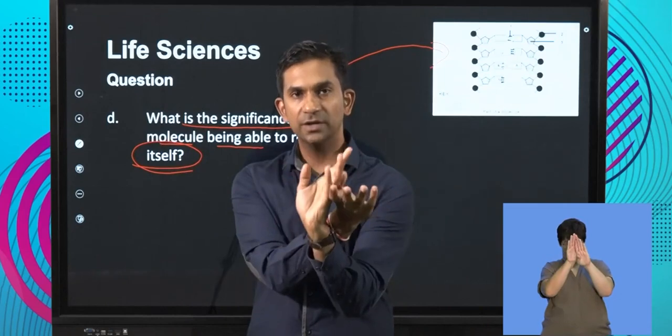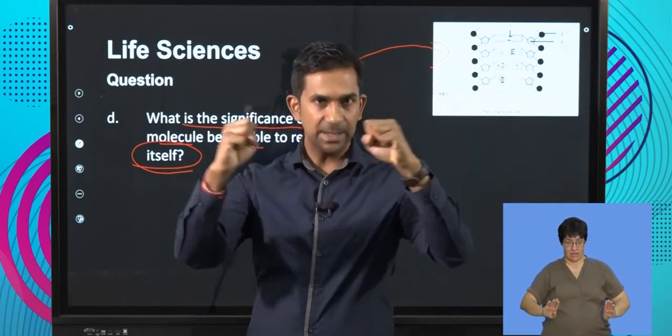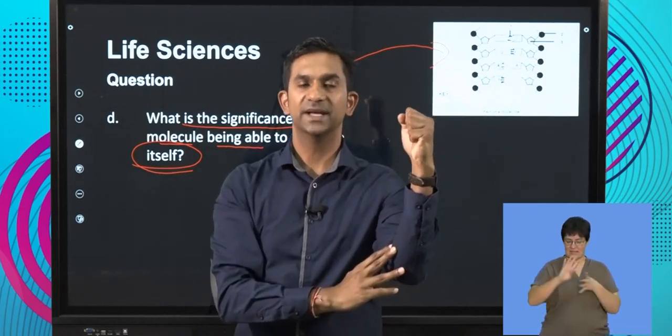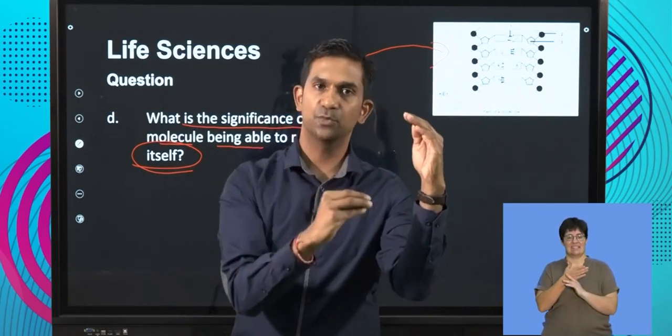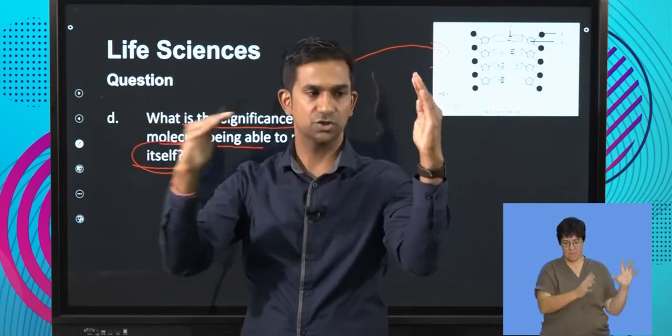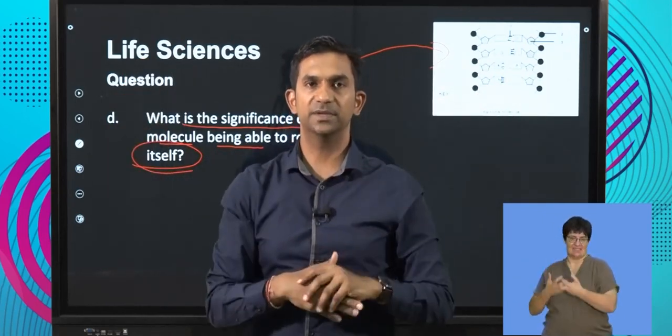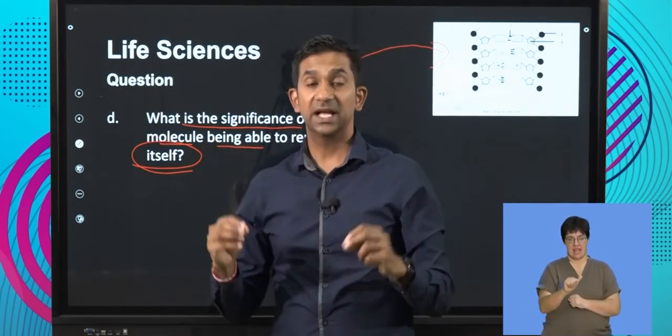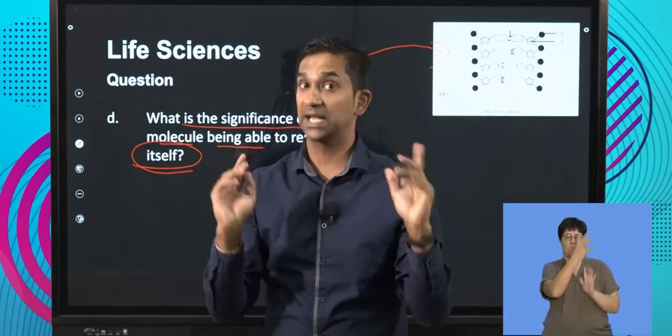Based on the unwinding and the separation into the templates, these templates now form an easy access point for the free floating DNA building blocks to base pair with their complementary nature. And so this talks to the structure of DNA, allowing for the ease at which it can copy.